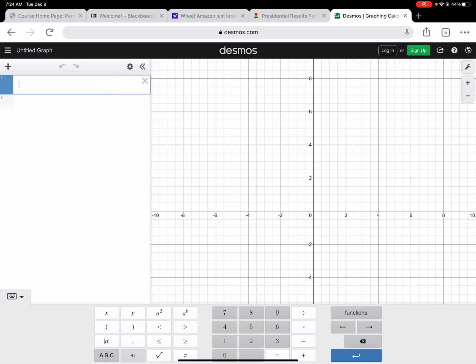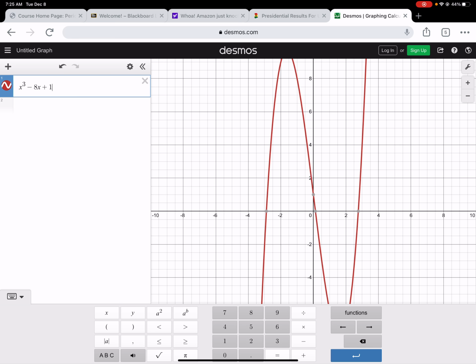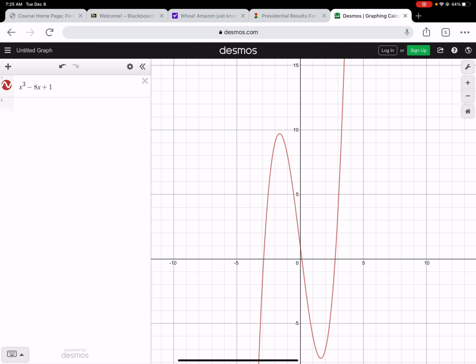I think it's x cubed minus 8x plus 1. Okay, I think that was the question.